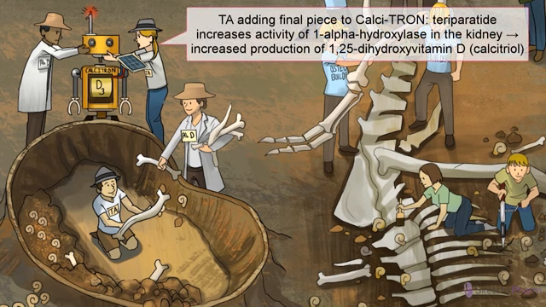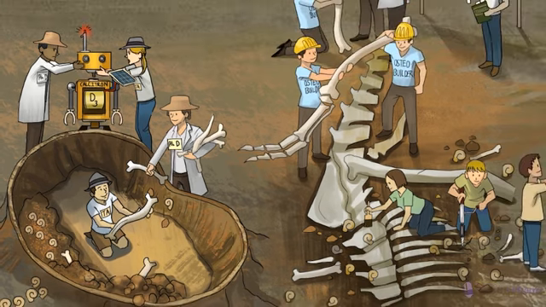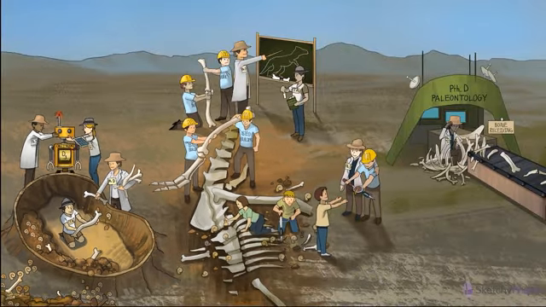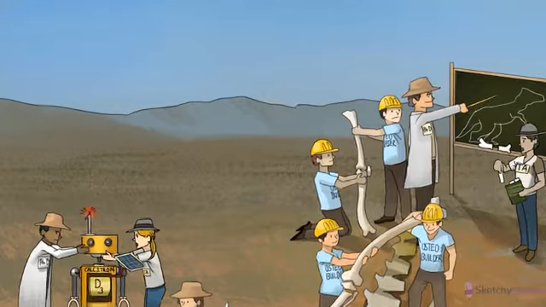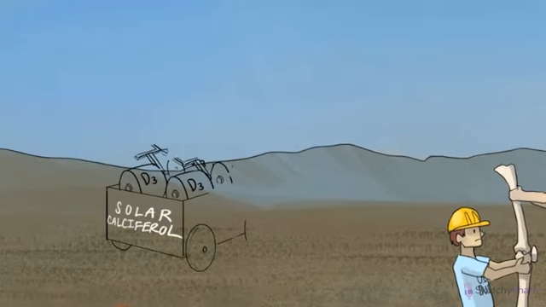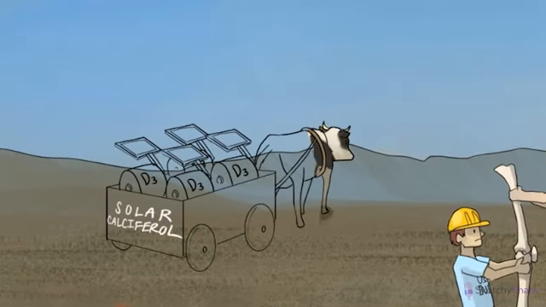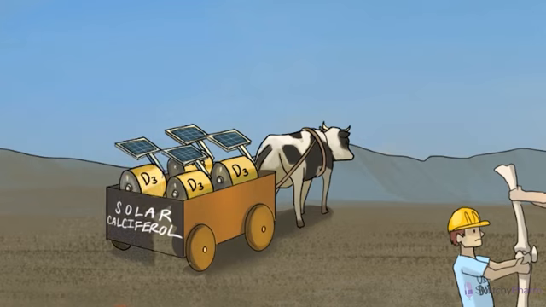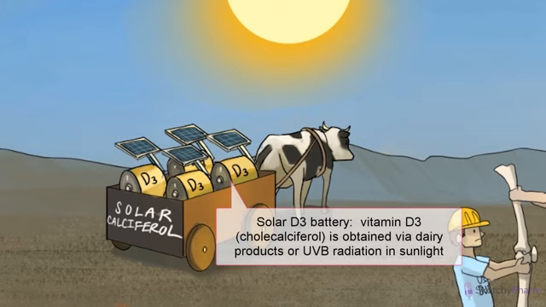This calcitron robot is a pretty advanced piece of paleontological technology, but where did its precursors come from? To show that, we're going to have to get back to vitamin D. Remember that vitamin D can refer to either ergocalciferol, vitamin D2, or cholecalciferol, vitamin D3. Cholecalciferol can be obtained through the diet by eating, or it can be produced in the skin under ultraviolet UVB radiation found in sunlight.